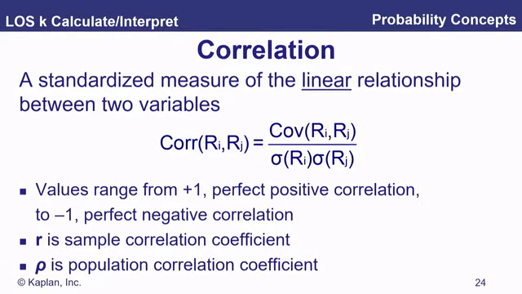Correlation, a standard measure of the linear relationship between 2 variables. Well, you remember I was saying that with covariance, we knew it was positive. We weren't sure how strong the relationship was because what units we were in wasn't all that clear. Well, that's what correlation does for us: it standardizes covariance.